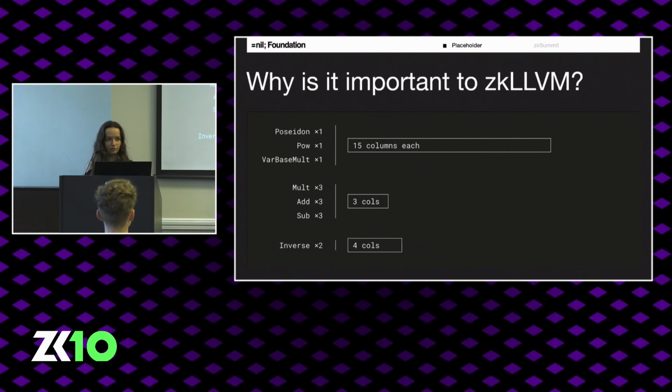And for inverse, we need an additional variable, so it would be 4 columns. I haven't had time to build all of Mina verification for now, so it would be a small example: 1 Poseidon, 1 PO, 1 variable-base multiplication, 3 more smaller circuits and 2 inverse components.